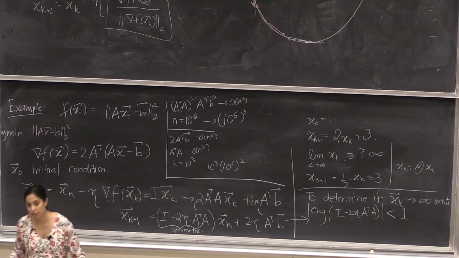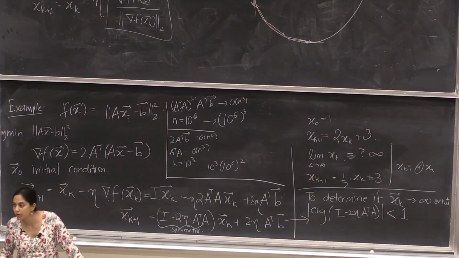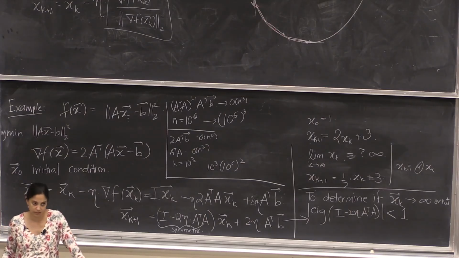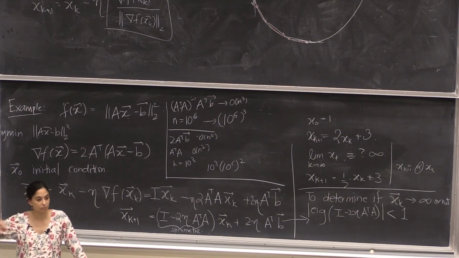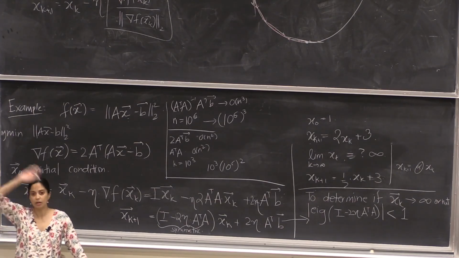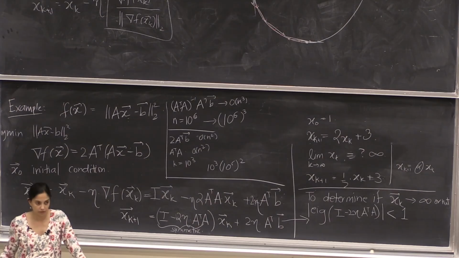There are variations where you don't compute the full gradient. Stochastic gradient descent is one example of that: you only compute a partial gradient. You will also adapt your step size, so you will artificially decrease eta. You won't keep eta constant, but keep changing it so that you might converge faster. There's a bajillion different variations.